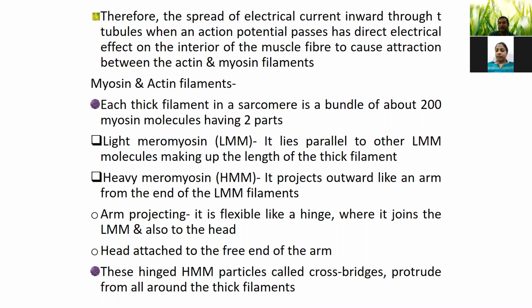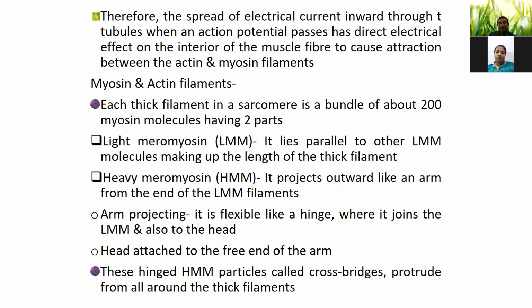Combining, they form a whole thick filament. Whereas the heavy meromyosin projects outward like an arm from the end of the light meromyosin filaments. That is to say, the heavy meromyosin binds all the light meromyosin and acts as a single unit.